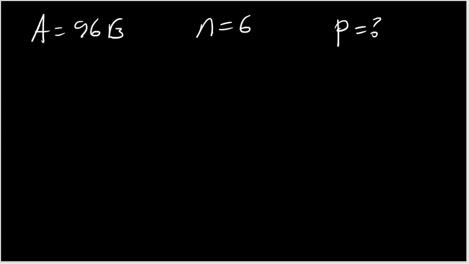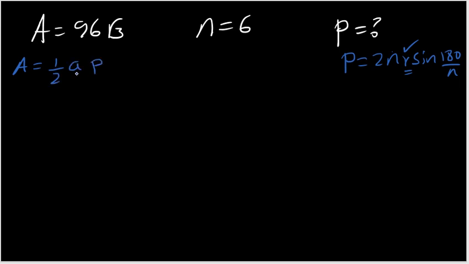Okay, so what to do first? State the formula for perimeter, that is 2nr sine of 180 over n, but we don't have r this time. We have n, no problem, but we don't have r. Area is equal to half times apothem times perimeter. Again, we don't have the apothem or the perimeter, but we can extend this formula.